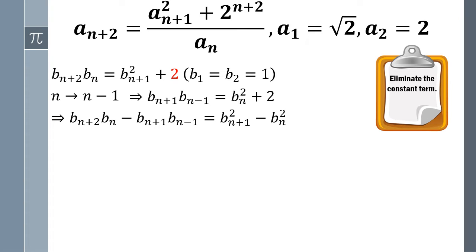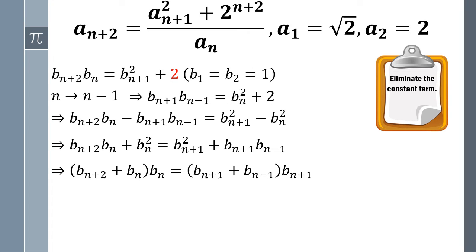As the next step, I'm going to move the terms that contain common factors to the same side of this equation. This is how it looks. Then, this common factor can be taken out on both sides. So the equation becomes (b_{n+2} + b_n) times b_n equals (b_{n+1} + b_{n-1}) times b_{n+1}.